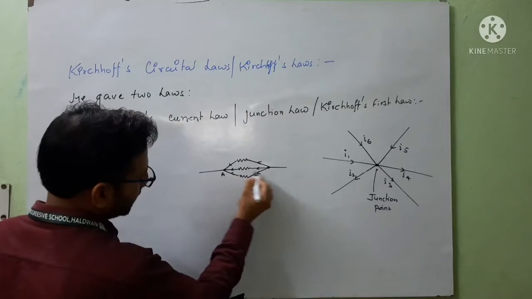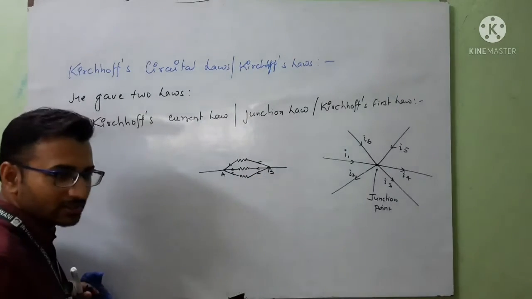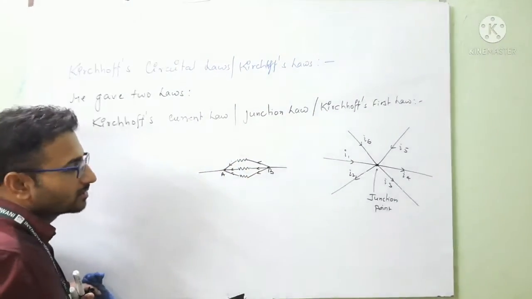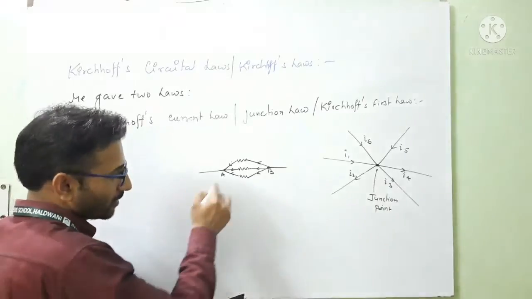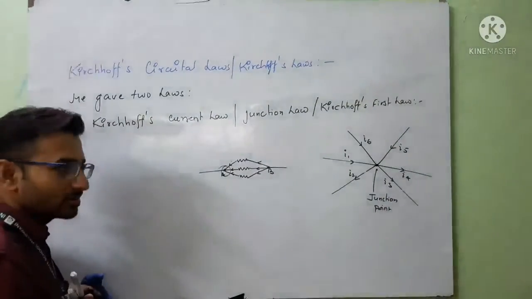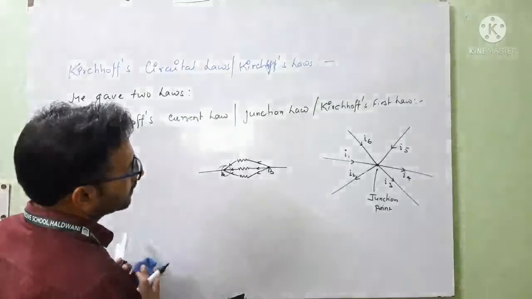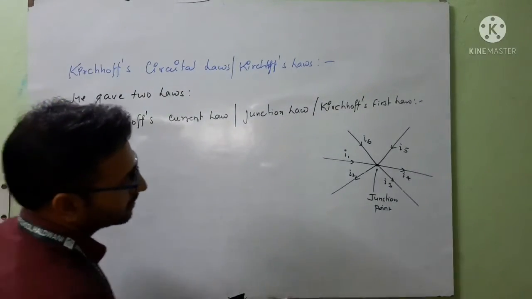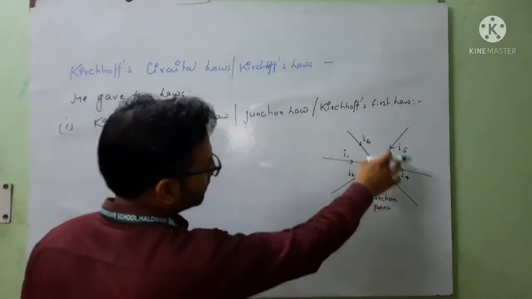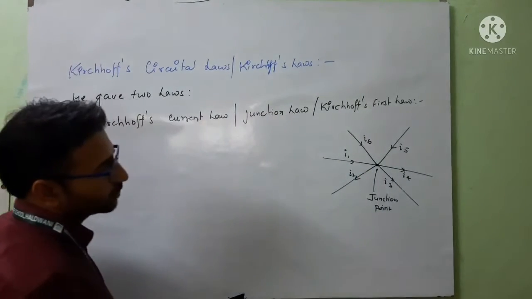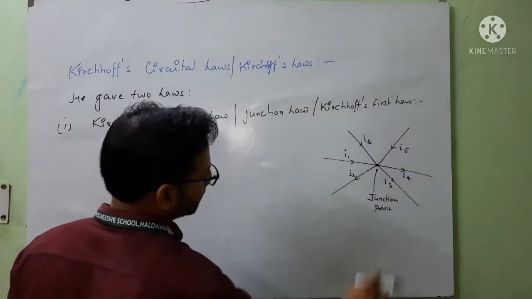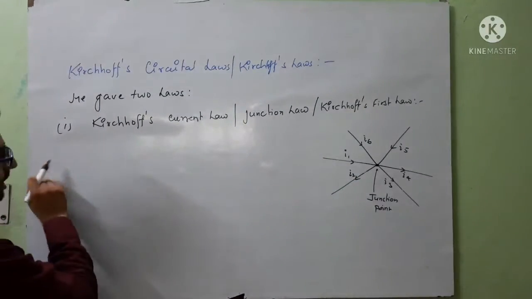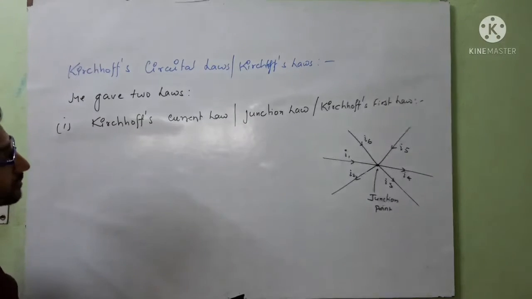So this point A and this point B are called junctions, in which more than two wires are joining or connecting. So here we have these currents, in which some of the current is flowing toward the junction and some is flowing away from the junction.